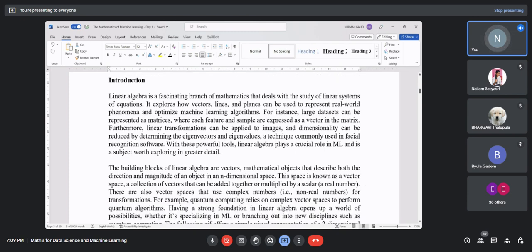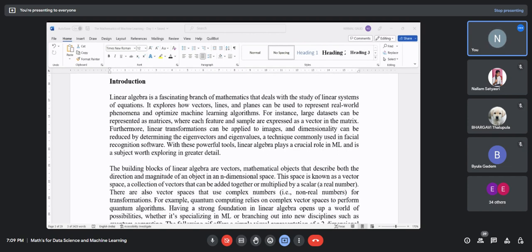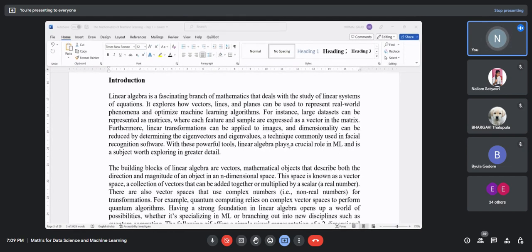And we are going to get started with the linear algebra part. So what is this linear algebra? Very much important. As you have already seen, 35% of the contribution of the maths is for linear algebra. So here we are going to study linear systems of equations.